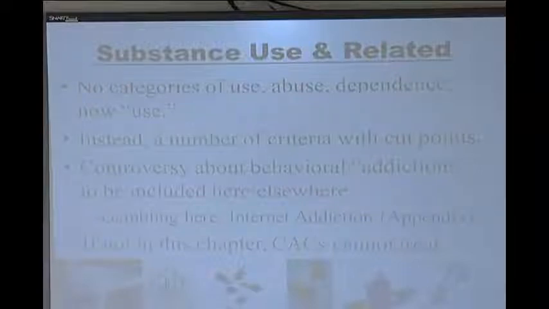The second issue is that there's been a long-standing disagreement about what to call the most severe form of substance use disorders. I found an article from 2010 that was great by O'Brien that gave a history of that.